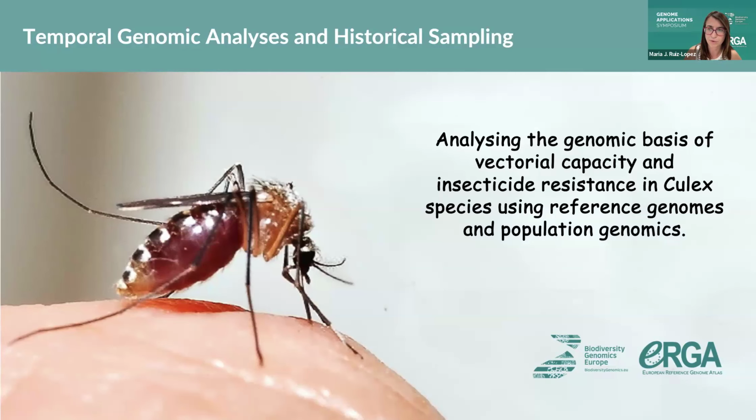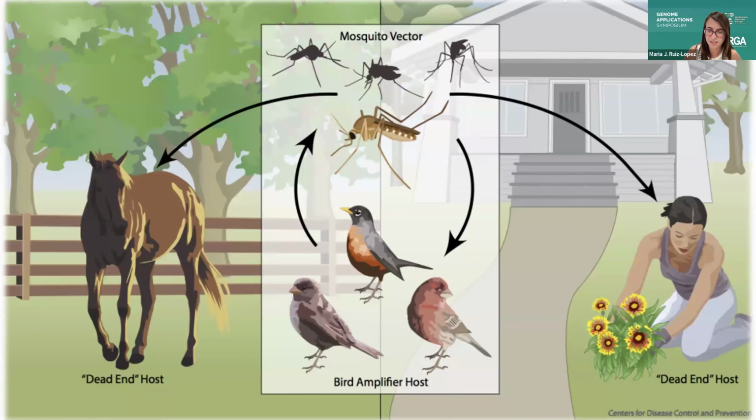They are vectors for multiple diseases, including West Nile virus, which I talked about this morning for those who were here. It is transmitted between Culex mosquitoes and birds, and occasionally can affect humans and horses and cause severe disease and even death.